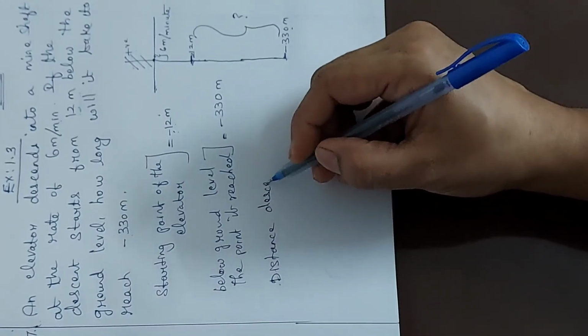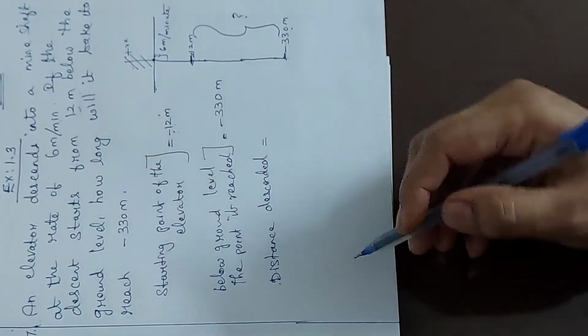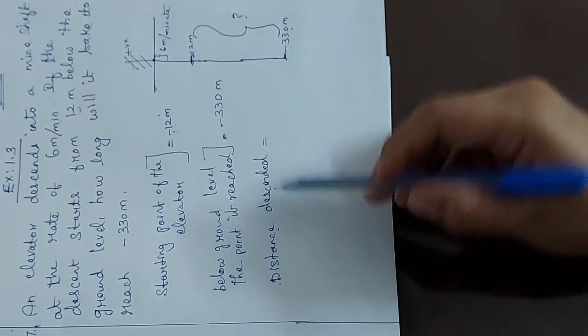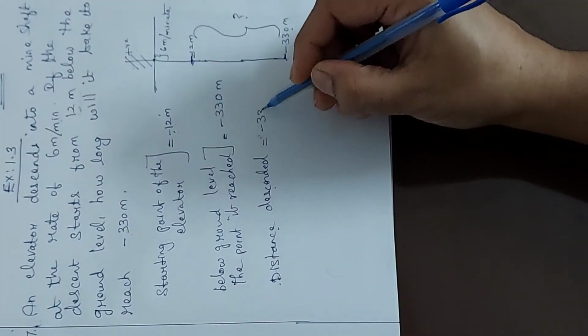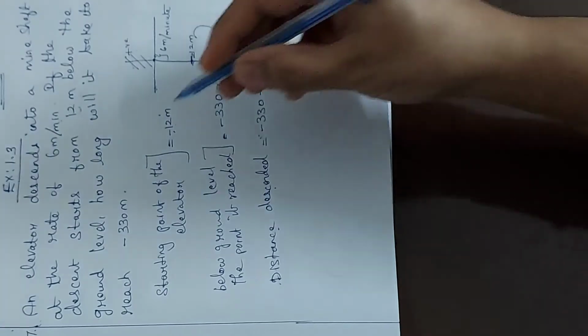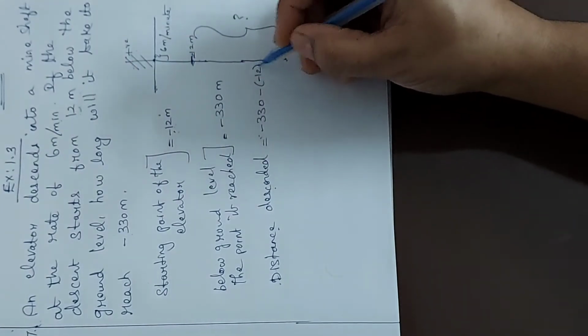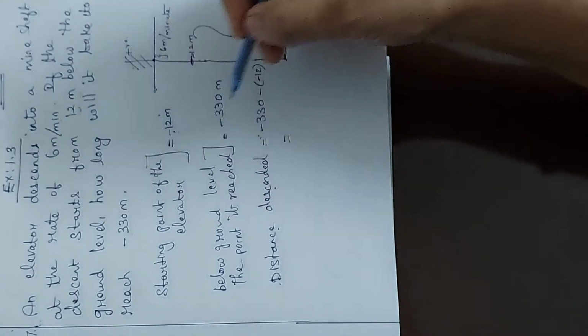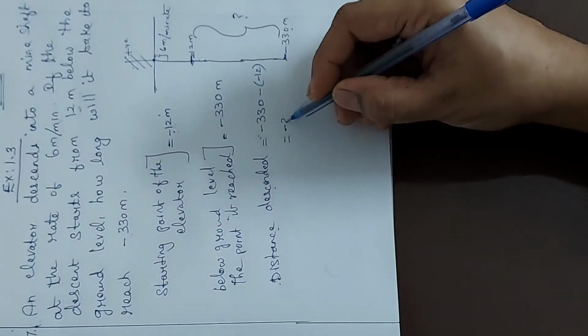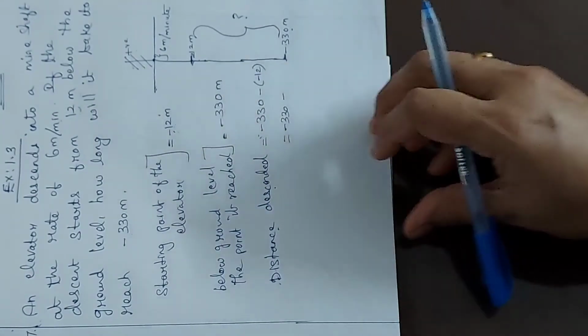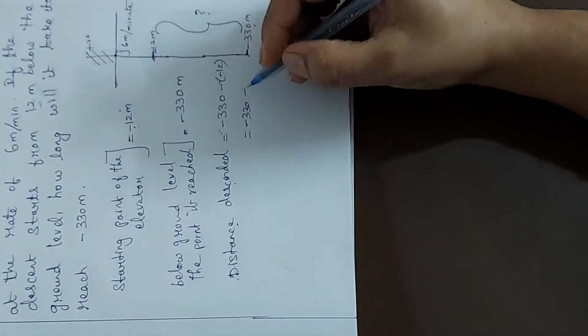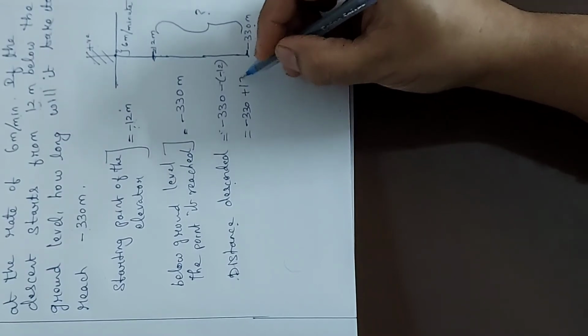So we are calculating the distance descended. How much will we get? Minus 330 minus 12, right? So everything is in negative sign. So minus 330 minus of minus 12, what will you get? Plus, that is plus 12.